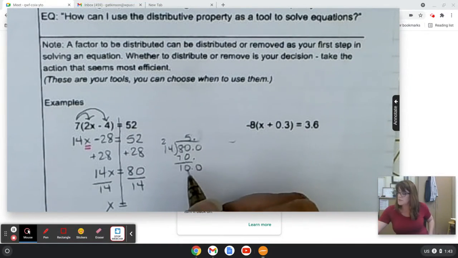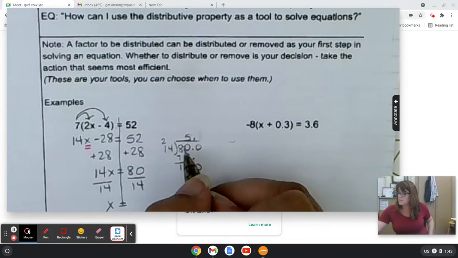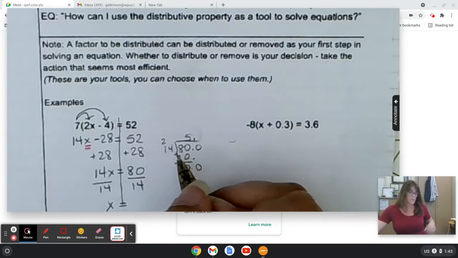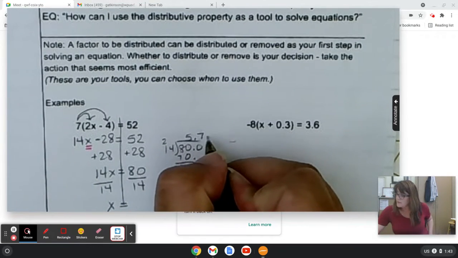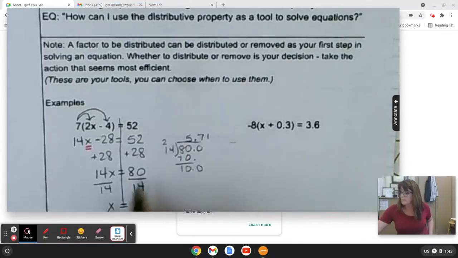I knew I was backwards. So I go ahead and I work it out. And it's going to be 7 and then a 1. It's going to kind of keep going.